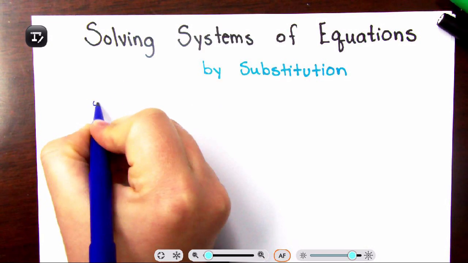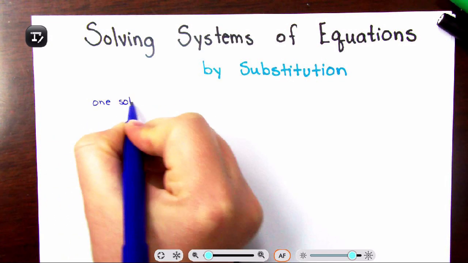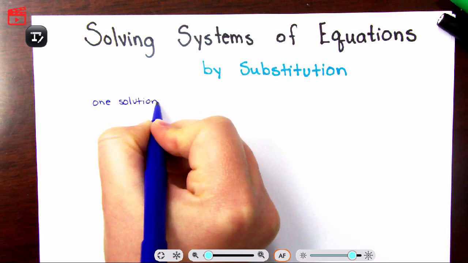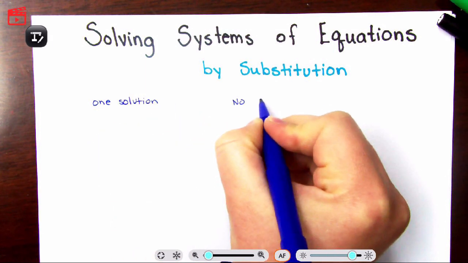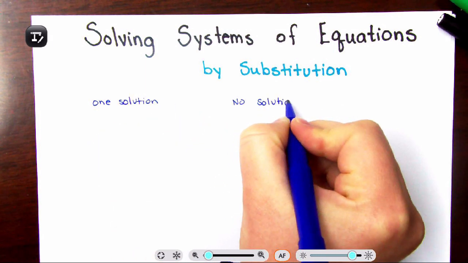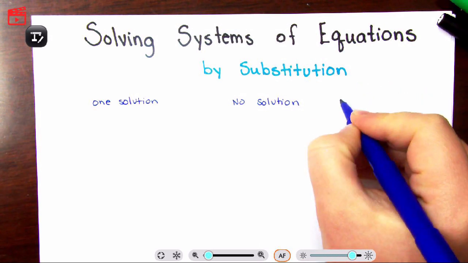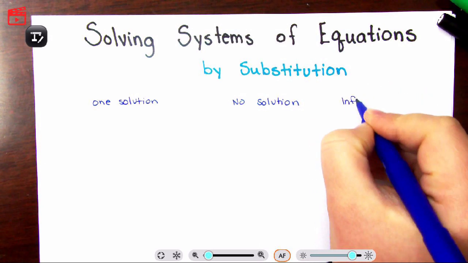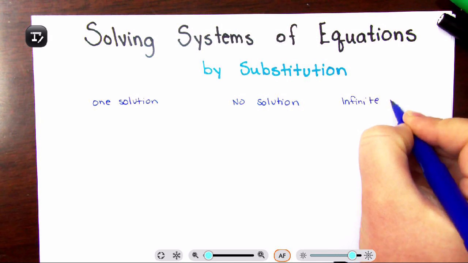So we could have one solution. We can have no solution. And we can have an infinite number of solutions.